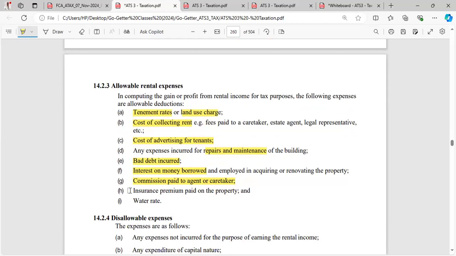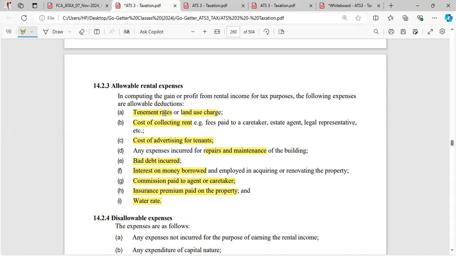Then we have insurance premium paid on the property. You pay insurance premium on the property, insure your building against fire, against burglary. These are insurance premiums, they are allowable expenses. Then water rate. Now, sometimes water rate is not paid by the landlord, right? These days, just as tenement rate is also not paid by the landlord, but land use charge is paid by the landlord.